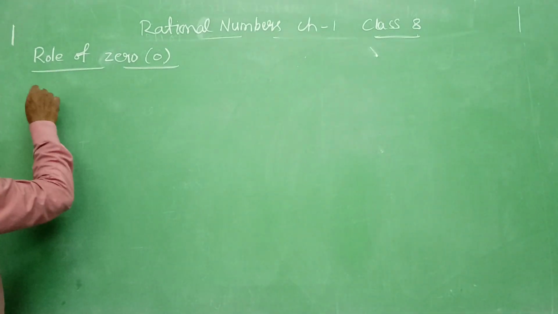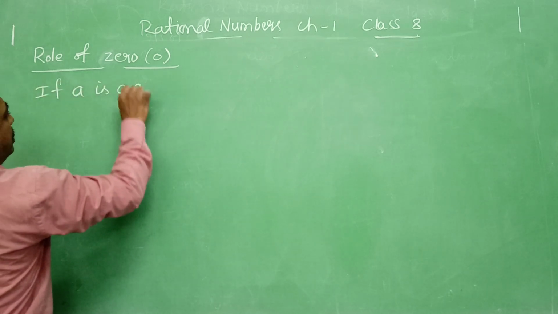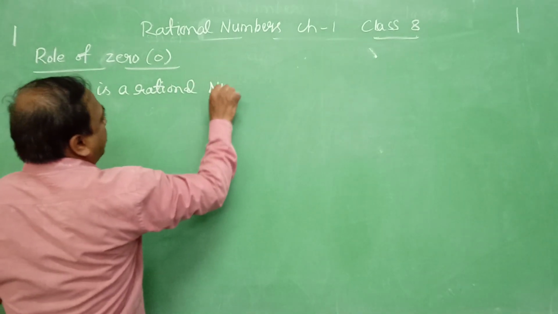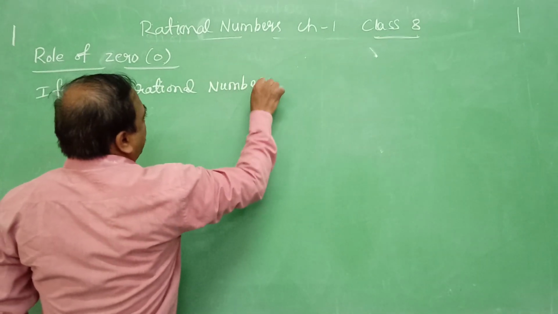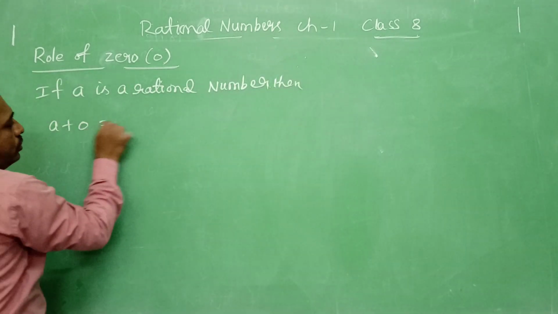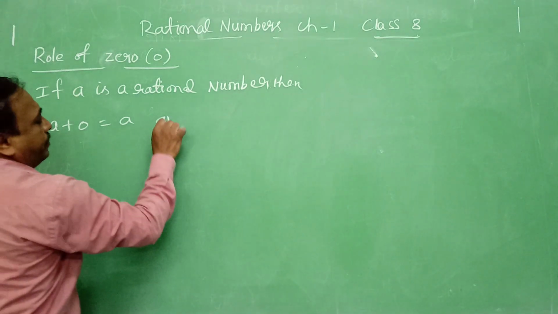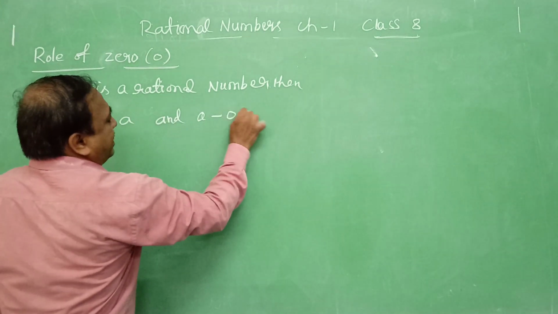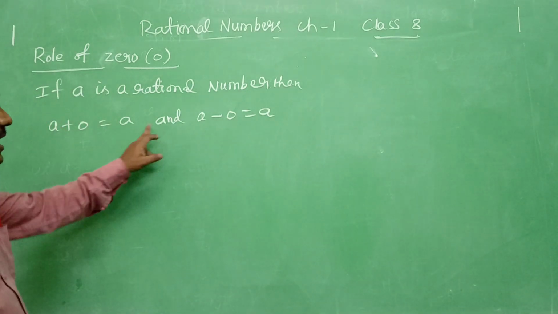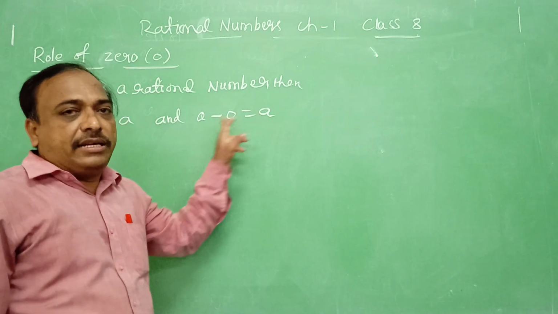If A is a rational number, then A plus 0 is equal to A and A minus 0 is equal to A. Is it clear?